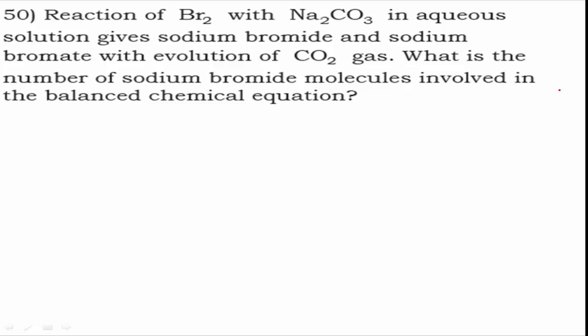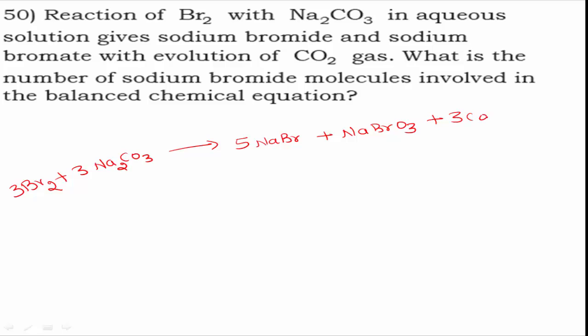Students, first write the reaction involved in the question. It is 3Br2 plus 3 Na2CO3 gives 5 NaBr plus NaBrO3 plus 3 CO2.